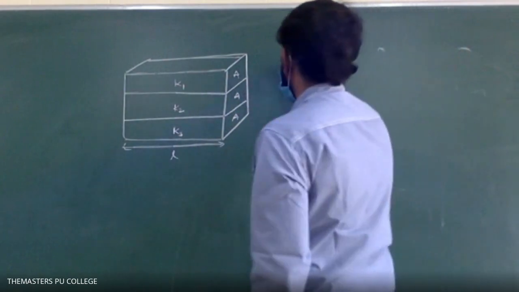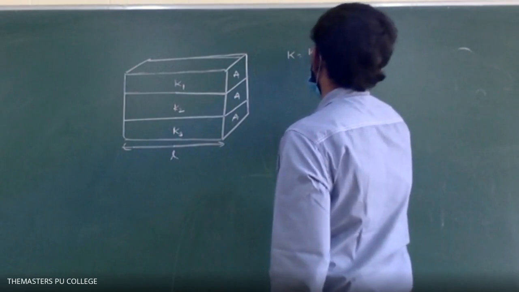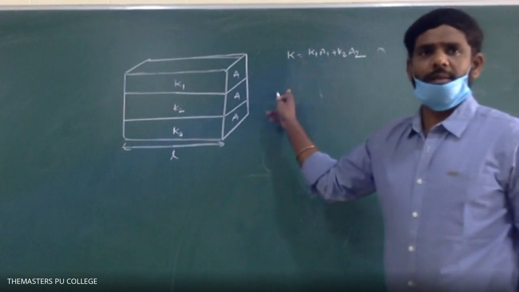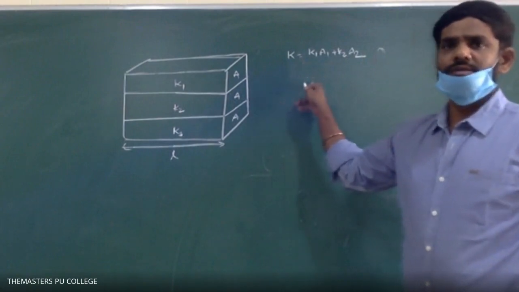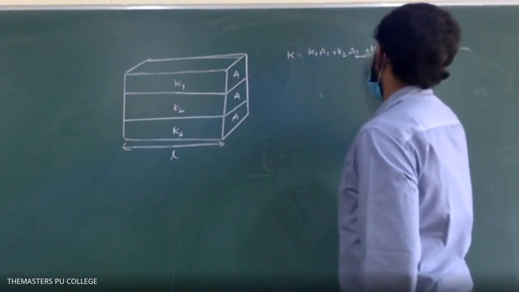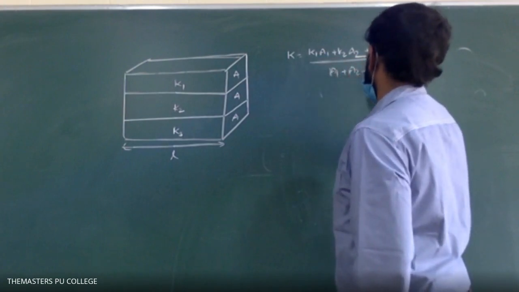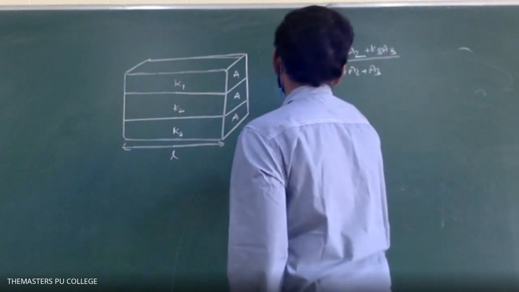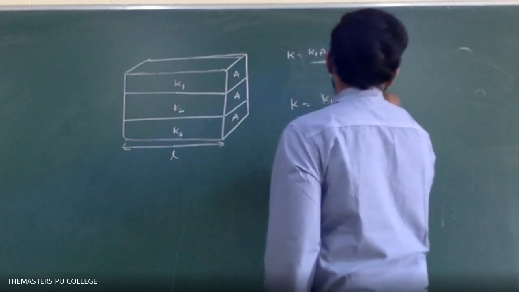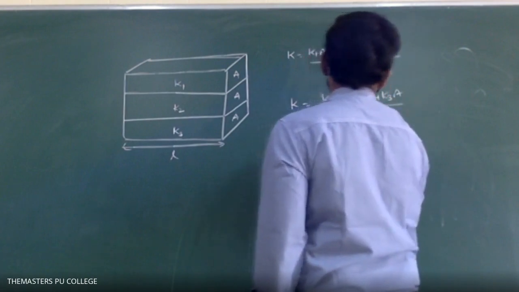Yesterday we derived K equals K1A1 plus K2A2 divided by A1 plus A2 for a parallel combination. For three rods, I can write plus K3A3 upon A1 plus A2 plus A3. So K equals K1A plus K2A plus K3A upon A1 plus A2 plus A3, which is 3A.